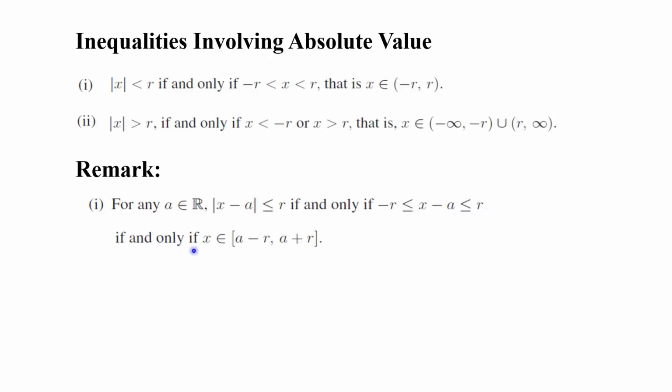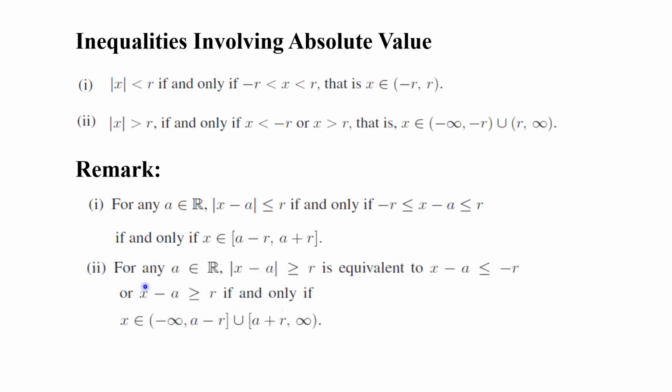If and only if x belongs to the closed interval. This minus a comes to this side and becomes plus a, here also plus a. So instead of this interval, we have x belongs to the closed interval a minus r comma a plus r.